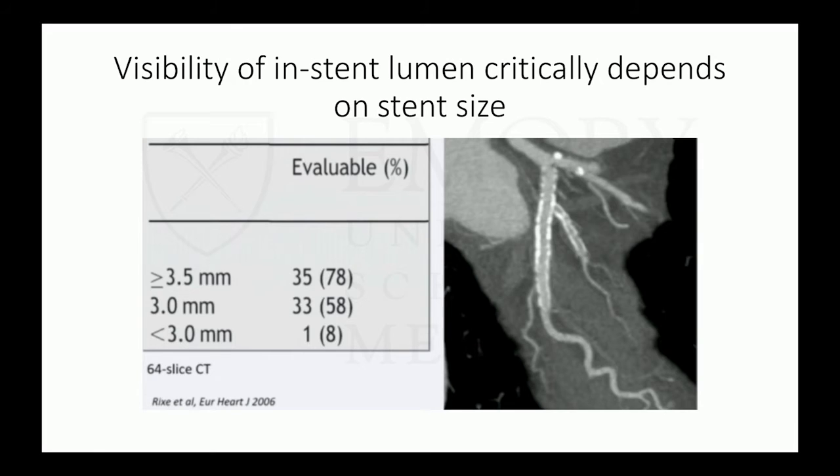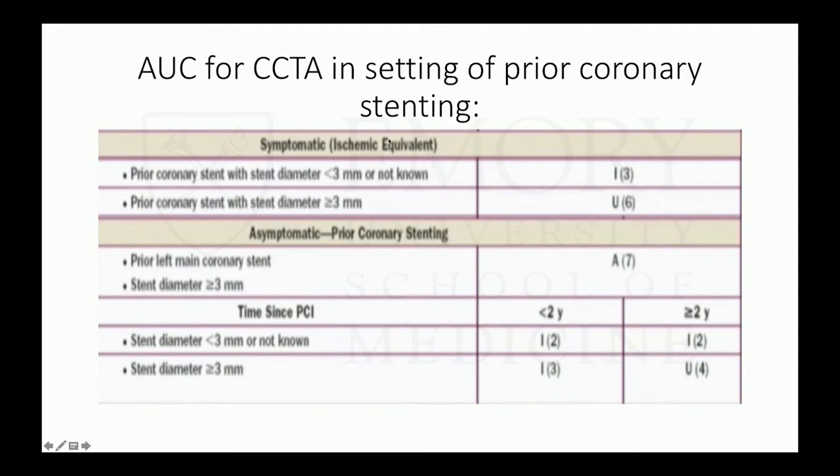And so if you're looking to evaluate stent patency with a stent less than 3.5 millimeters, I think you're probably better off considering another test. This is obviously a small study, but that's kind of a consensus. And really, in the appropriate use criteria of coronary CTA in the context of prior stenting, the only indication that gets an appropriate referral for CTA is actually someone with a left main stent greater than 3 millimeters in diameter.